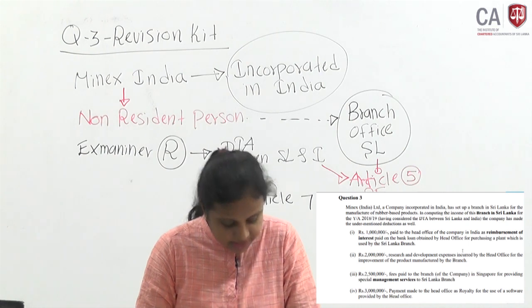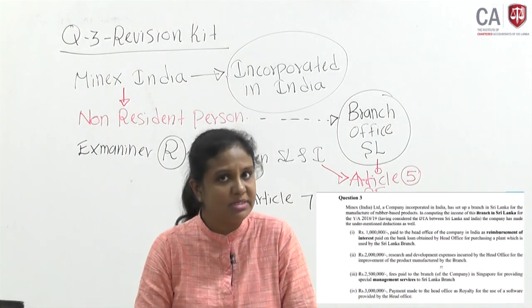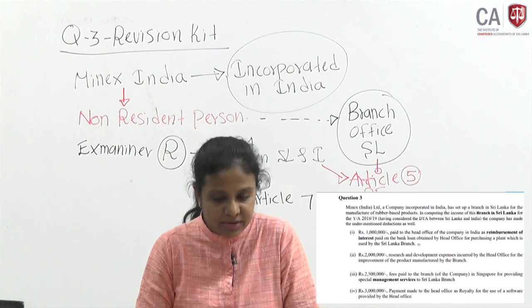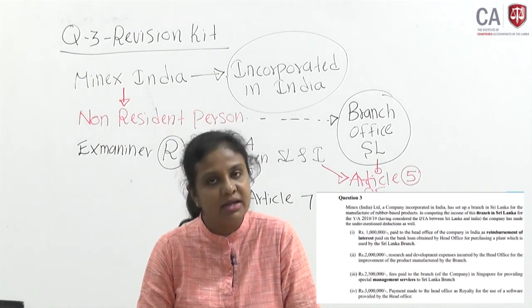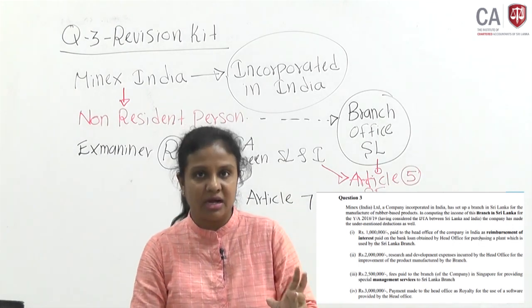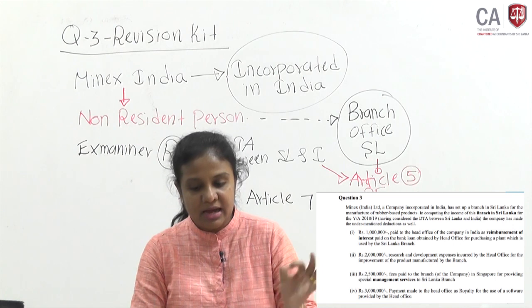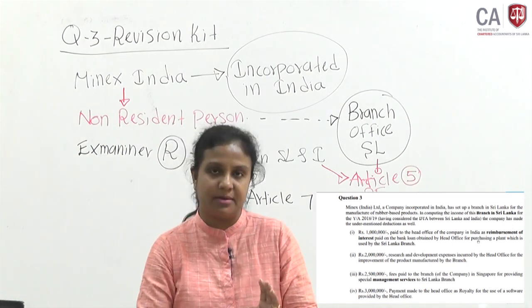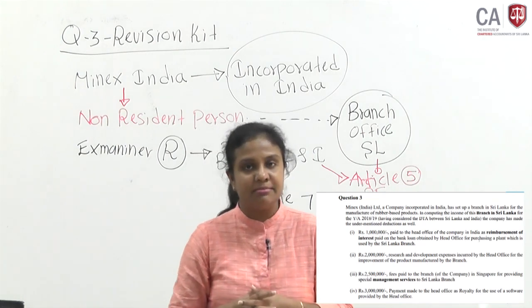Then what's the purpose of this? Analyze this. 1 million paid to the head office of the company in India. Now, why has the Sri Lankan branch paid this? Reimbursement of the interest. What's the meaning of reimbursement?